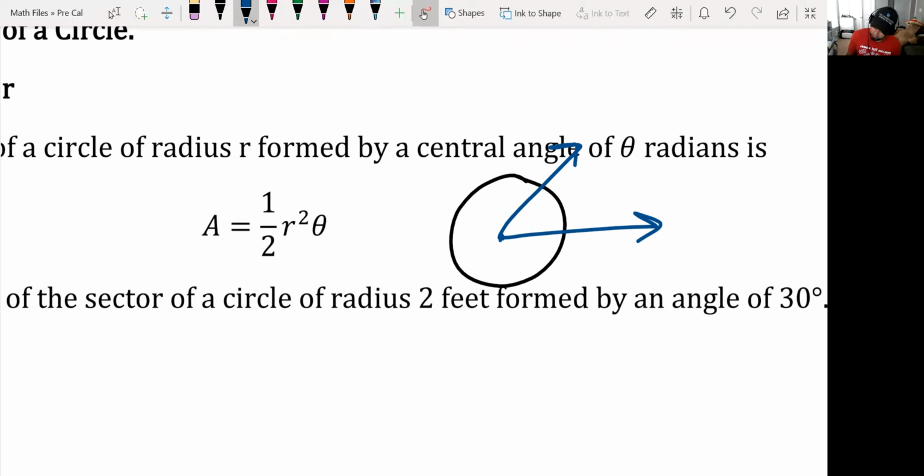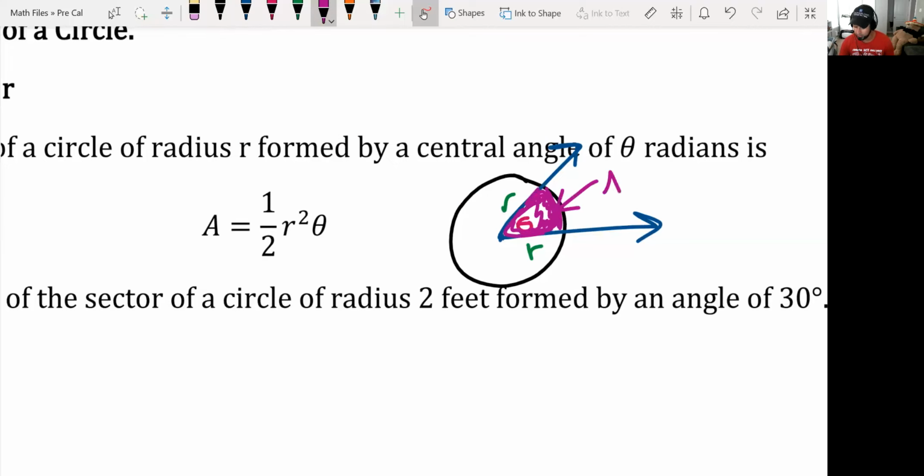Well, if we are given theta, and if we are given the radius, this means that given radius and given theta, we can actually find the area of this sector. That's what we're looking for.